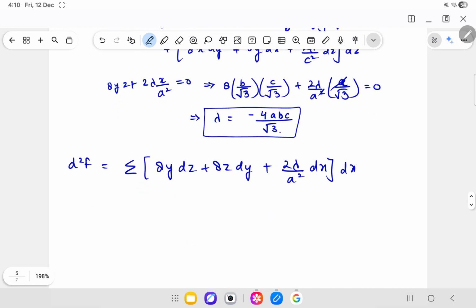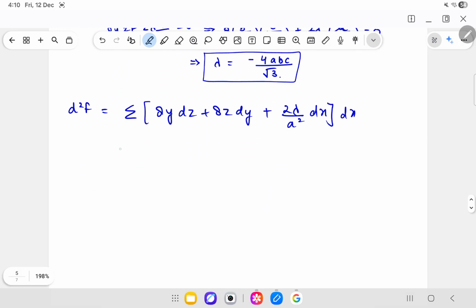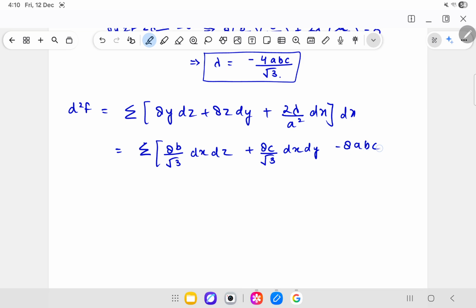Now if I evaluate it, it will be equal to summation 8b by square root of 3 dx dz plus 8c divided by square root of 3 dx dy minus 8abc divided by a square root 3 dx square.